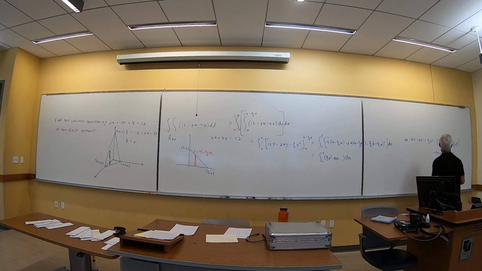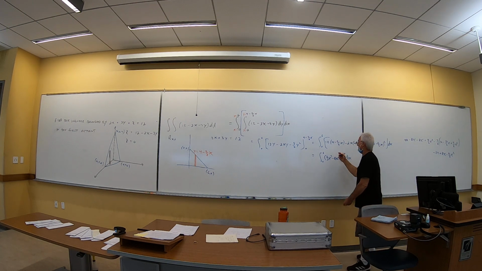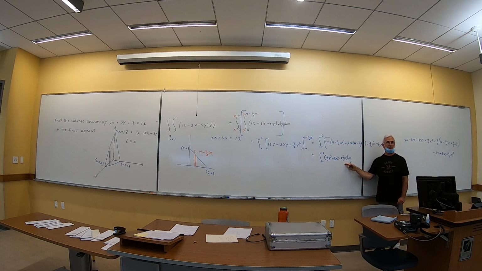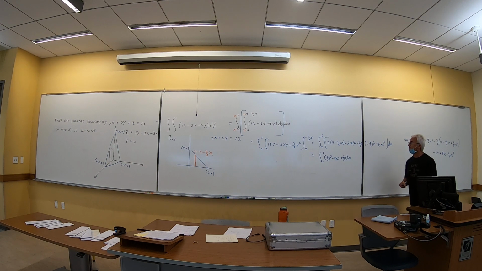And constants, I have a 48 and a minus 24. Now you can see what I mean by I have this equals this, but I don't want you to do this in your head. You can make mistakes. Just, off to the side maybe, but that's what it is. Now we want to integrate that mess. Okay? Hopefully we can do that.